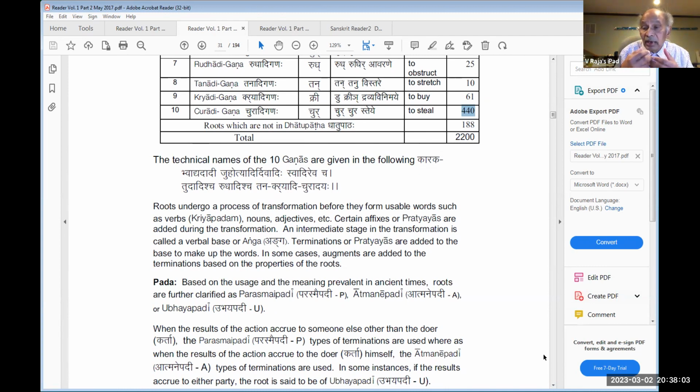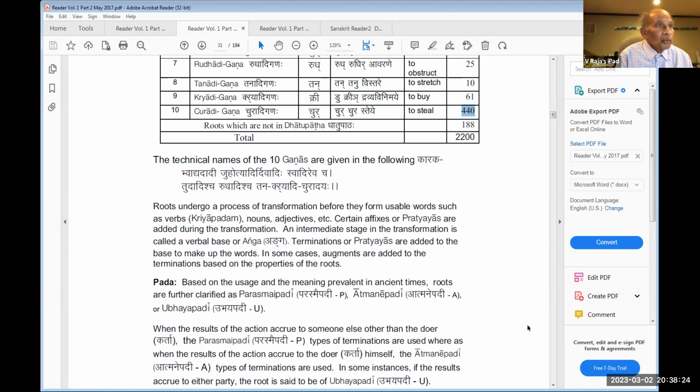The result coming to another person is called Parasmai Pada. Atmane Pada, it comes to you. Some roots give you both, Ubhayapadi, meaning the result accrues to both people.